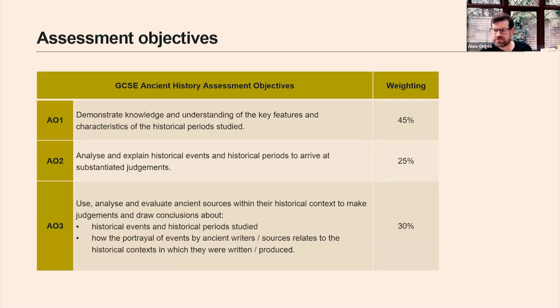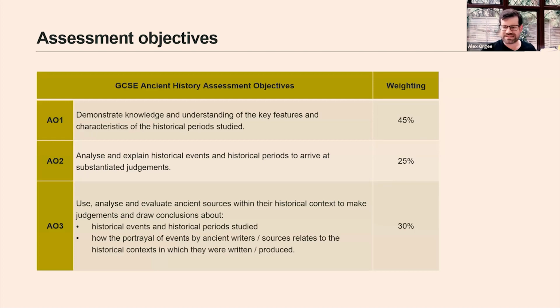And in terms of the AO3 assessment objectives, the first 3 lines on screen are virtually identical to the AO3 history weightings or wordings. GCSE Ancient History doesn't have an AO4 assessment objective, which deals with interpretations, but I think there are similarities: the vast majority of the ancient sources that we have prescribed in our GCSE Ancient History qualification were created after the events they describe, and are in themselves interpretations of the past.